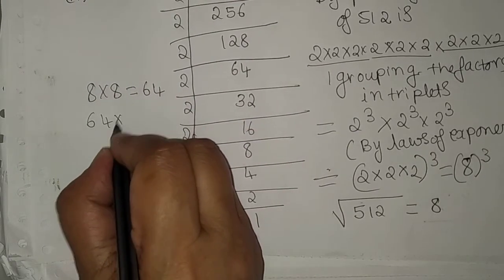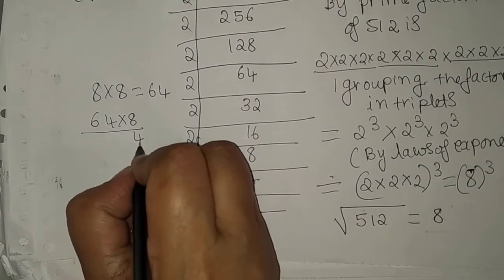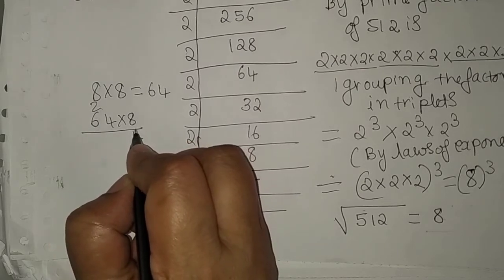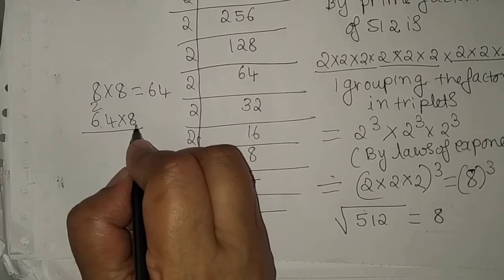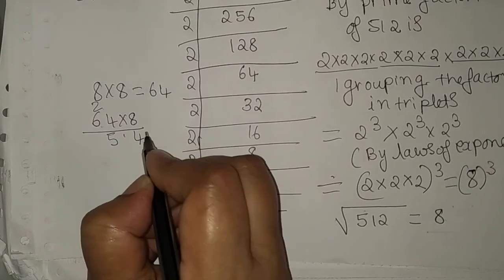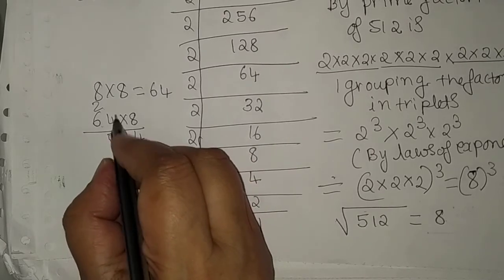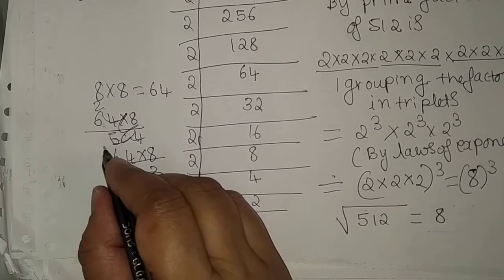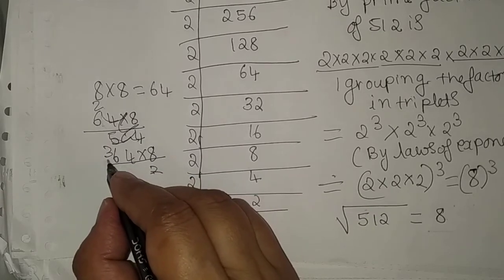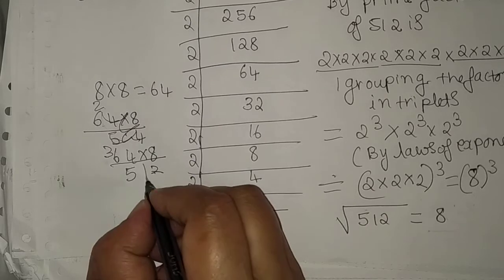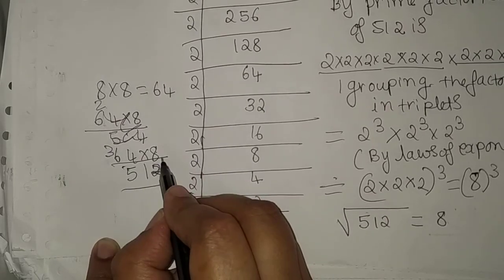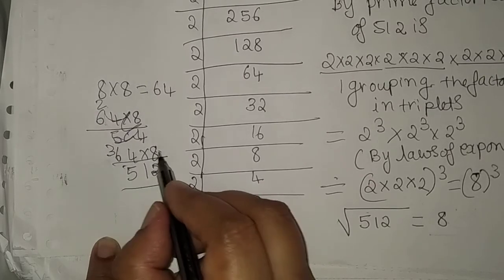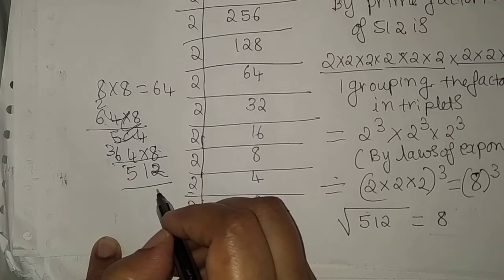Then 64 into 8: 8 4s are 32, write 2 carry 3, 8 6s are 48, 48 plus 3 will become 51.